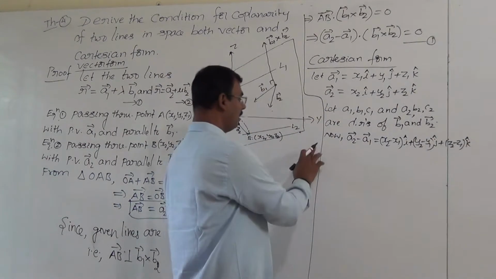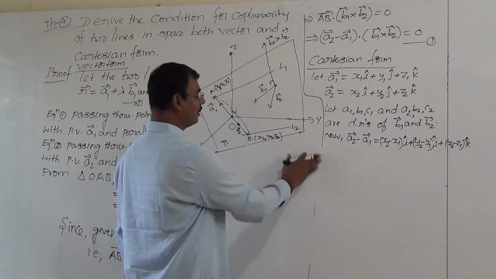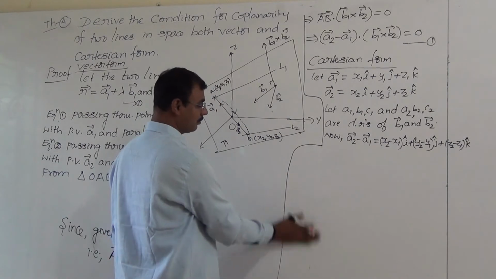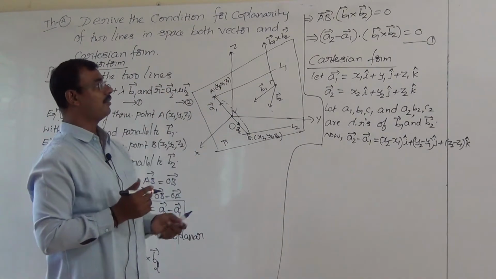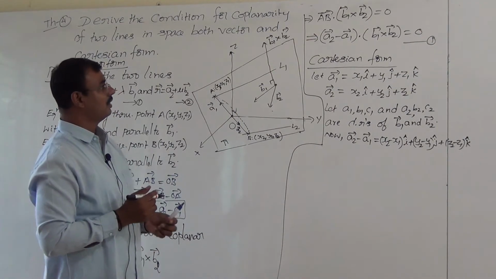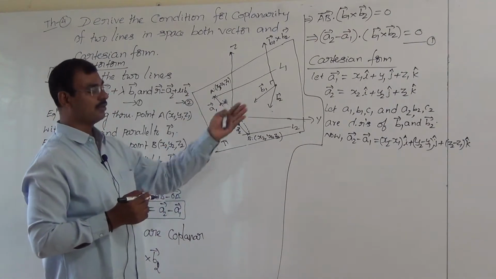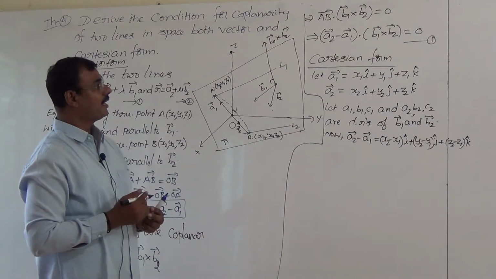This is the A2 vector minus the A1 vector. Now we are going to substitute in equation 1.